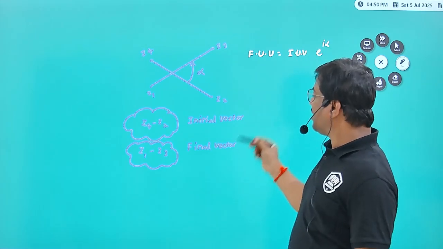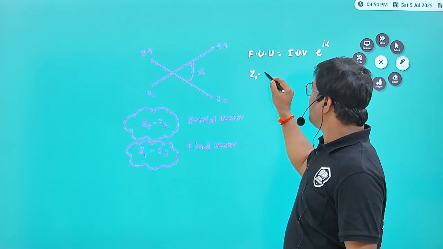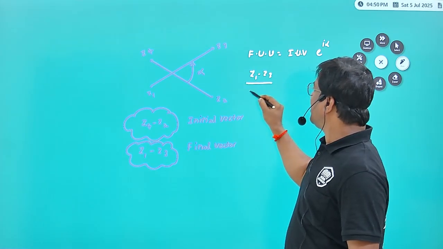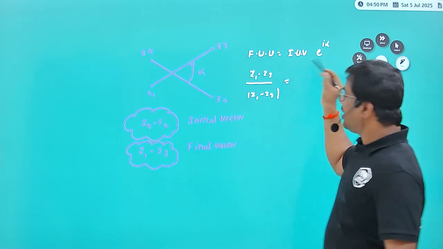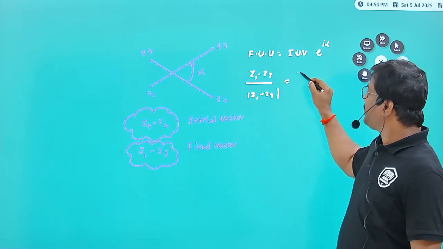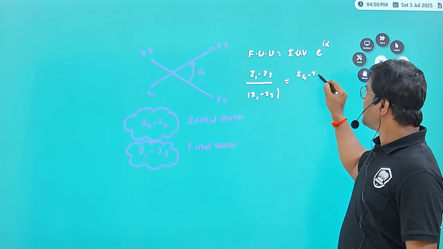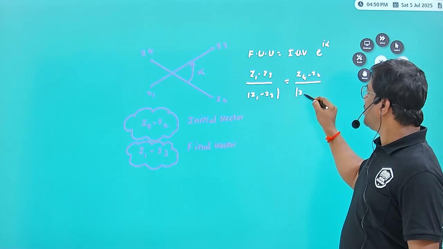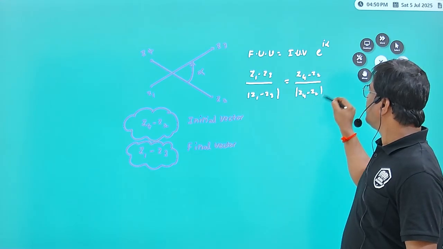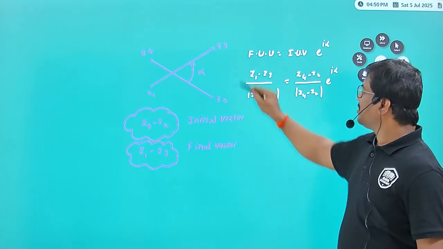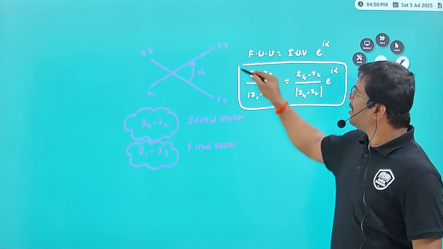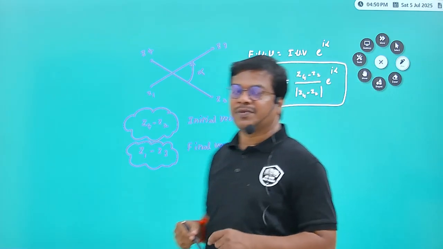Final unit vector, that is Z1 minus Z3 divided by modulus Z1 minus Z3, is equal to initial unit vector Z4 minus Z2 divided by modulus Z4 minus Z2 times e power I alpha. So this is the result by rotation theorem.